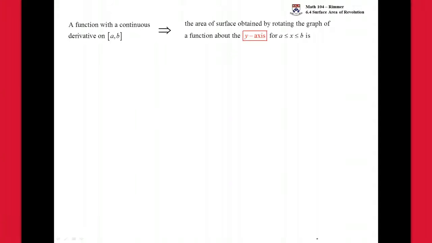Okay, as long as the function is continuous and has a continuous derivative, then if you're going to rotate about the y-axis, just think of the distance off of the y-axis, then your radius is going to be x. So this would be your radius symbol, and then this would be your arc length, your length symbol in general.